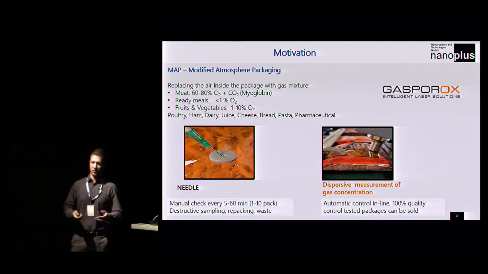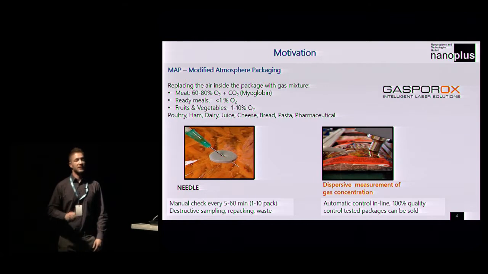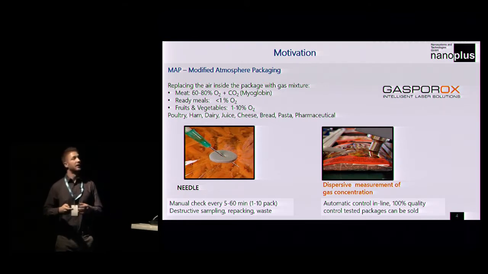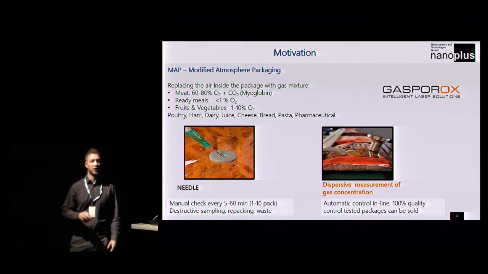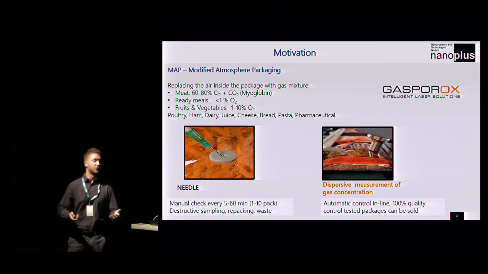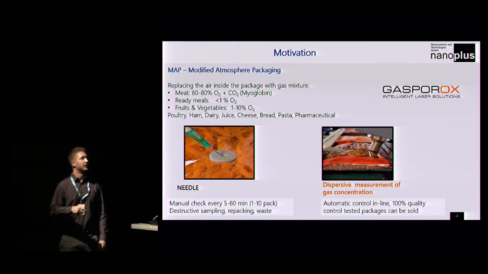So this is rather a cosmetical issue because depending on the amount of oxygen you put in there, your meat stays red and looks kind of fresh, or it turns brownish, which gives you like an impression of old meat.